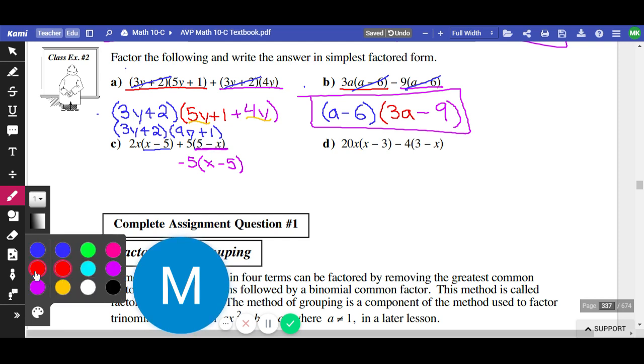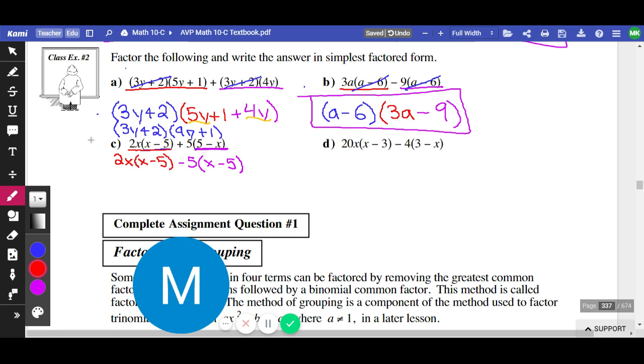The other side, which I wanted to be red, not blue, would still be 2x, x minus 5. The big difference here is that I changed the symbol. Instead of it being plus 5, it's now minus 5.